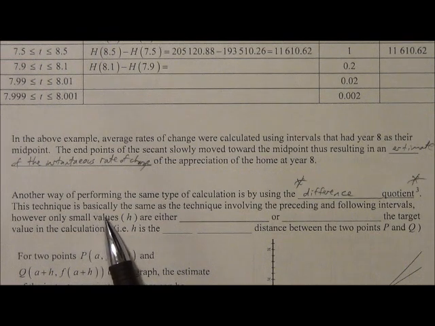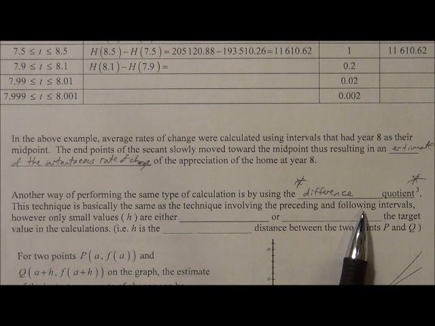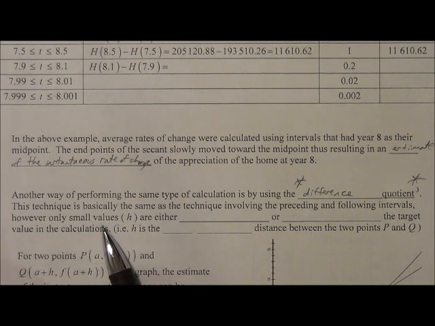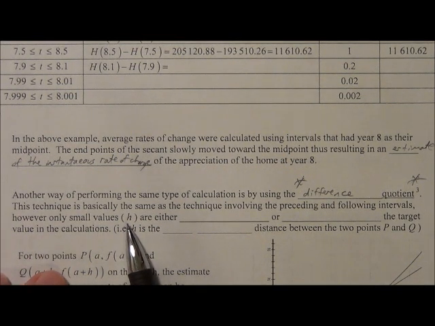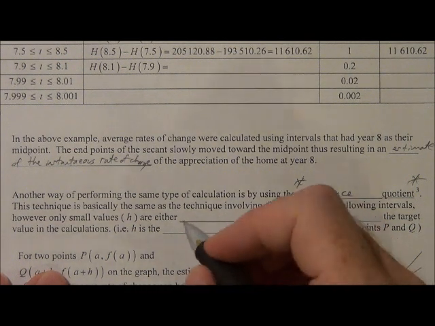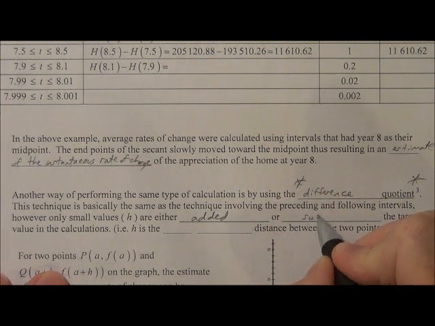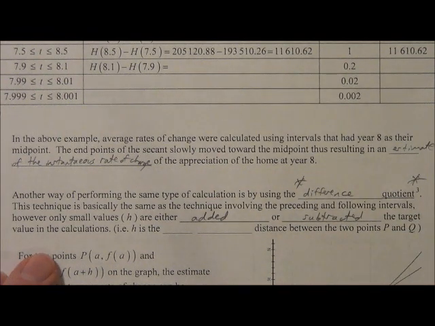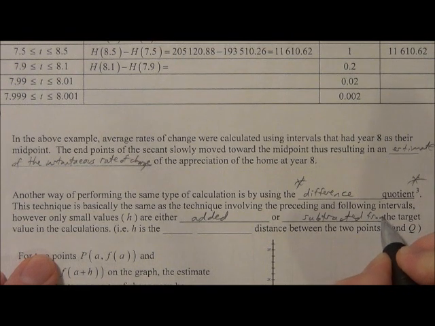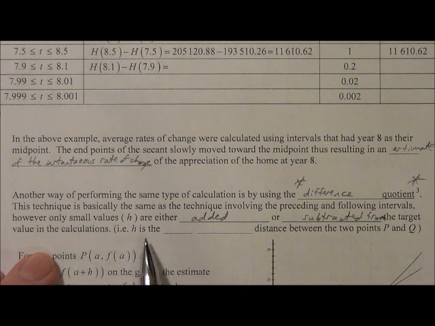So this technique is basically the same as the other techniques of using preceding and following intervals. However, the only thing we're going to be doing is using small values of h that are either added or subtracted from the target value in the calculations.